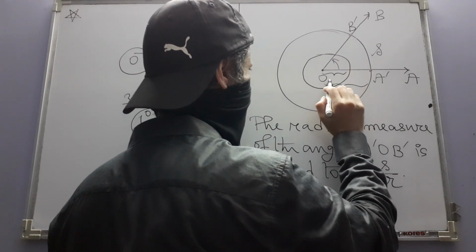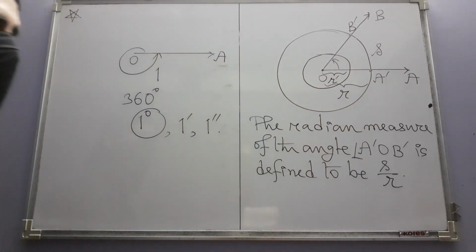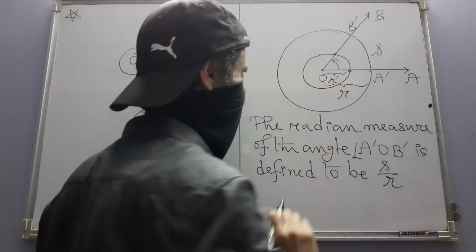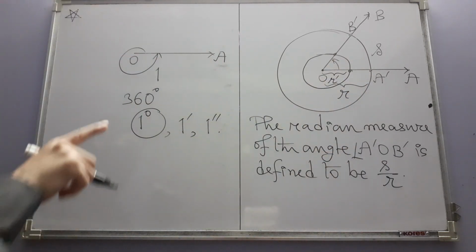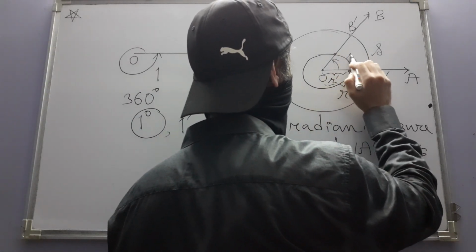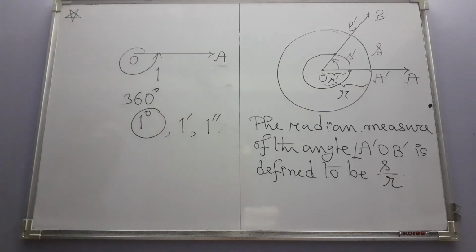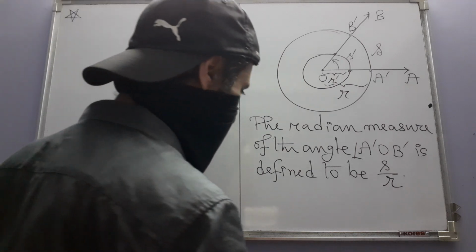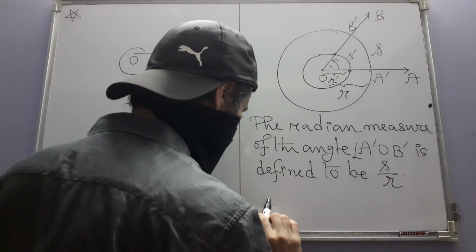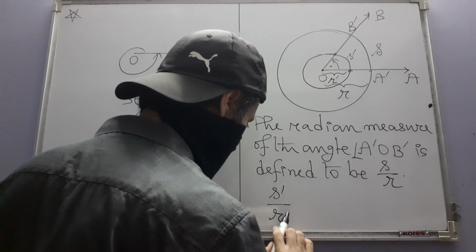Here I have another value of r which is smaller, r prime. And you can clearly see that this new circular arc on this smaller circle that the angle makes has a smaller length S prime. So if I instead use this circle, then according to that same definition, the radian measure of this same angle should be S prime divided by R prime.